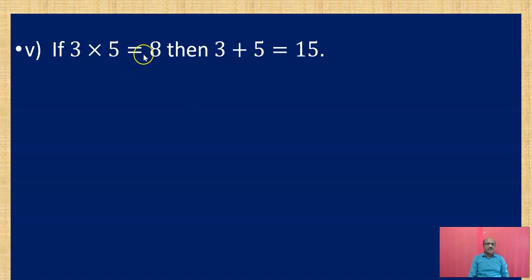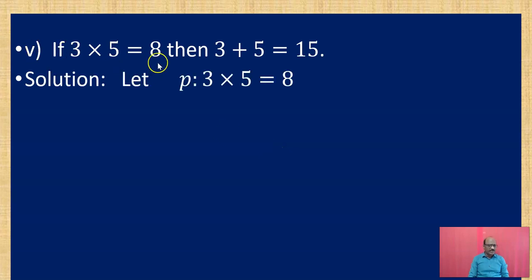Next is: if 3 into 5 is equal to 8, then 3 plus 5 is equal to 15. Now let P be 3 into 5 is equal to 8 and Q be 3 plus 5 is equal to 15.